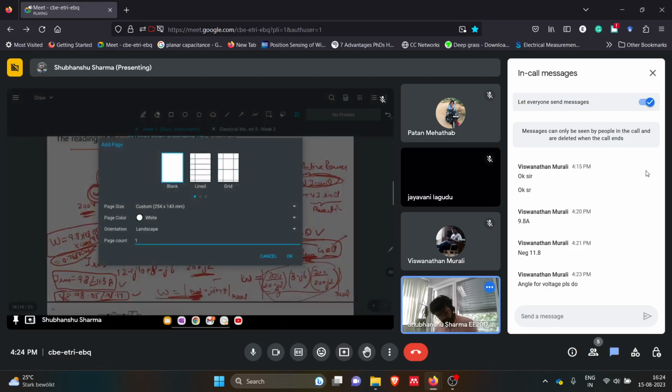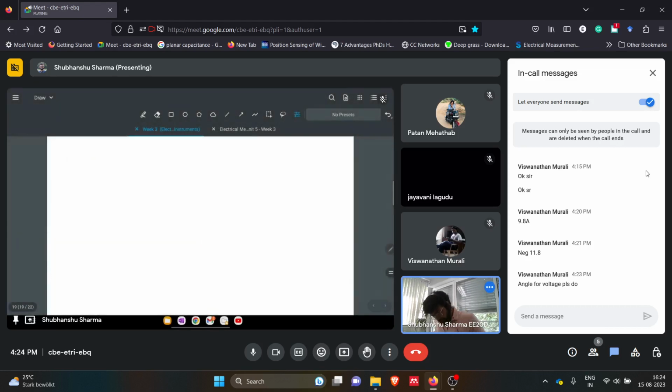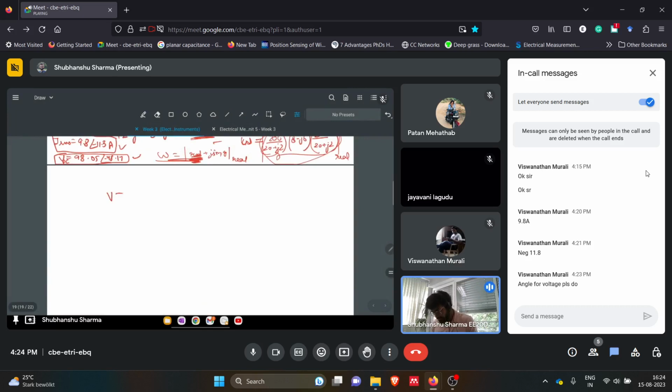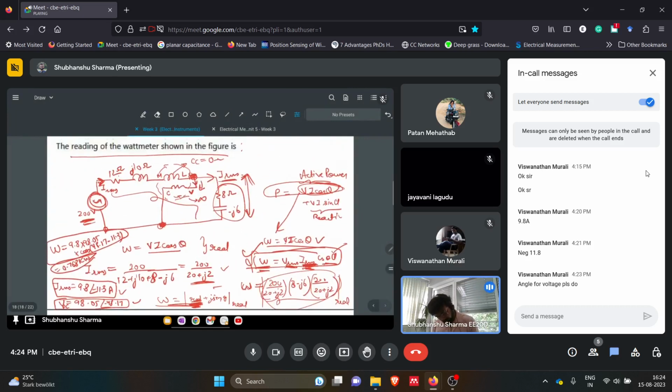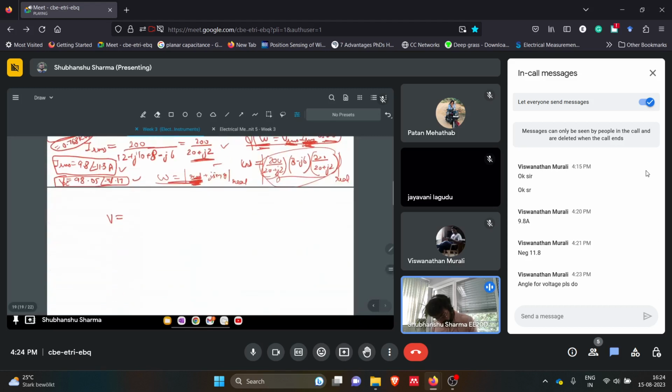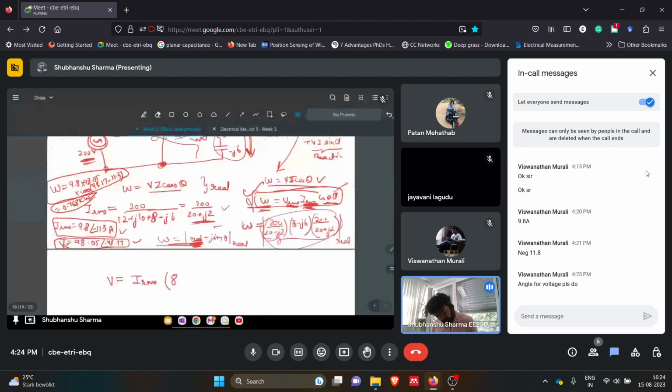Landscape done. Okay. So for the voltage, what is the voltage? For the power coil voltage, that is this voltage, it is Irms into the impedance of that branch, which is 8 minus j6.